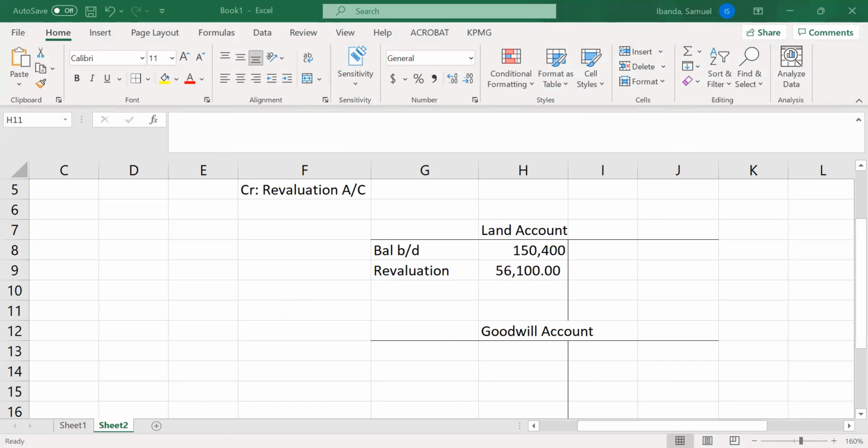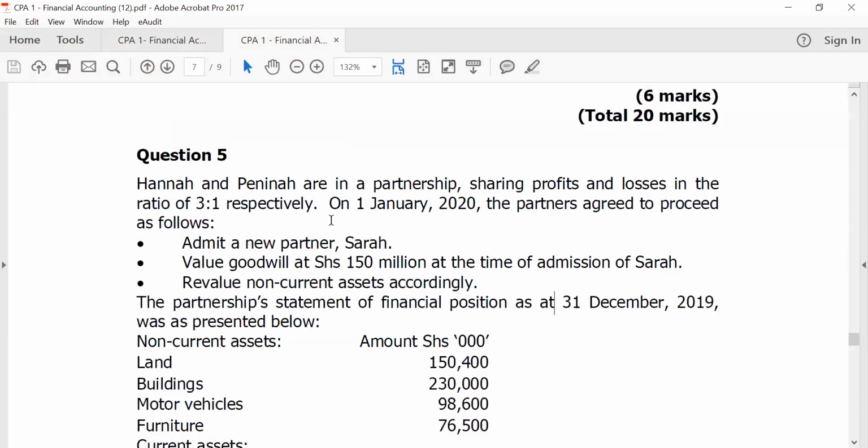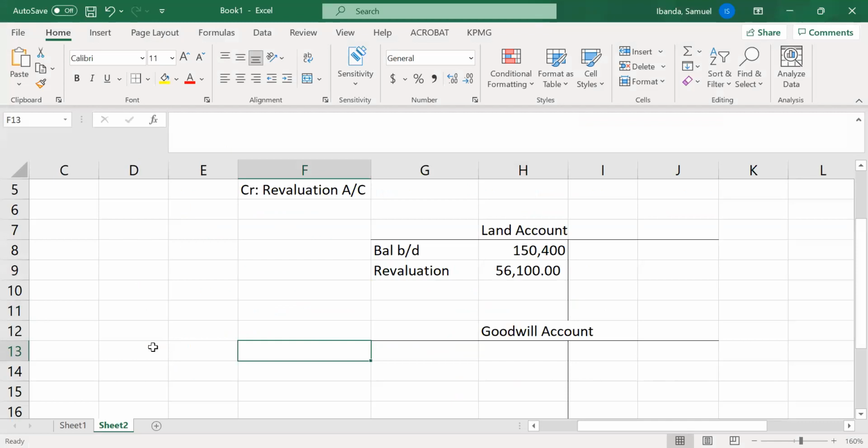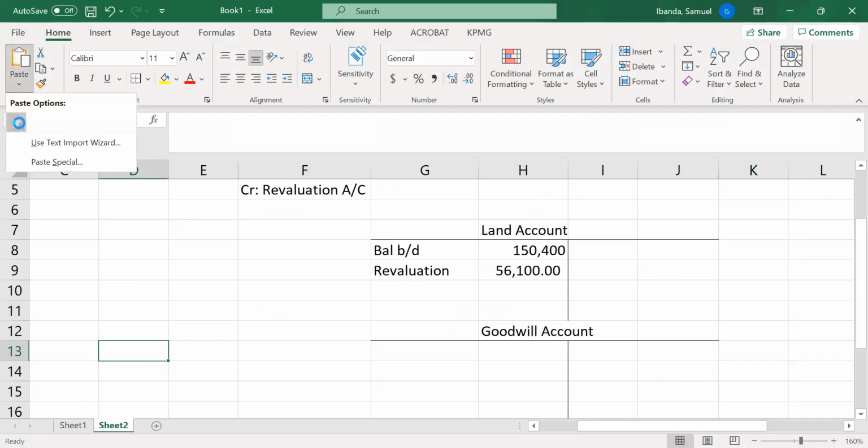Now, one thing that you need to understand is from this information, they have given us that the old sharing ratio is 3:1. So 3:1 means that if we have two partners, we have Anna and Penina.